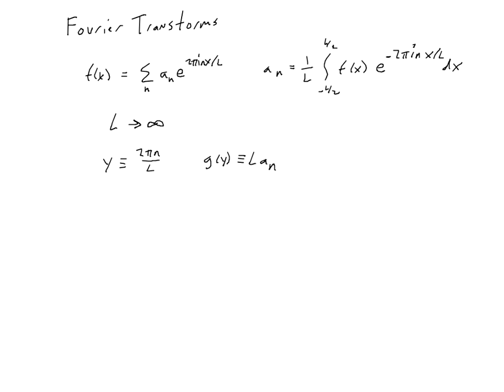When L goes to infinity, your sum becomes an integral, because to cover this whole periodic thing you're going to have an infinite number of points in between, an infinite number of frequencies.